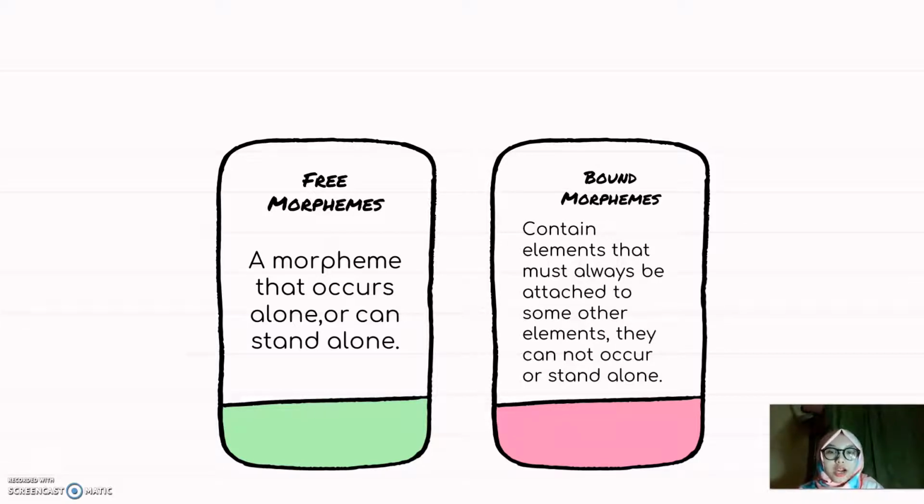Free-form words are house, church, cool, cat, walk, sea, red, short, book, water. The meaning of such words is contained in their ability to refer to some point in the world outside. Bound morphemes contain elements that must always be attached to some other elements and cannot occur or stand alone.